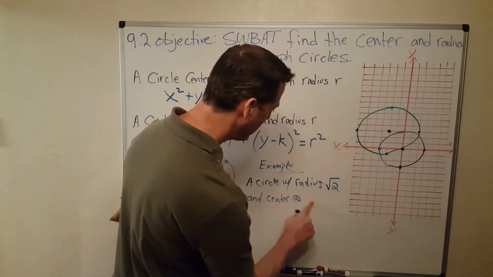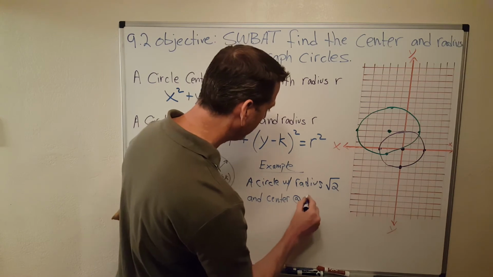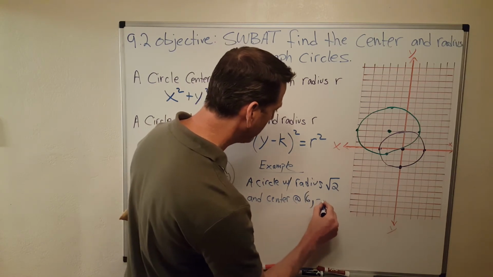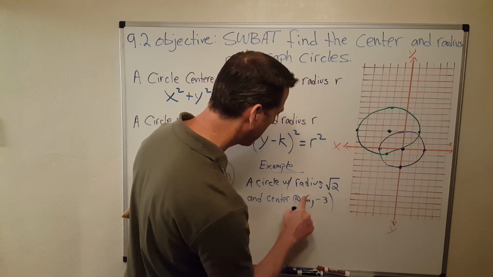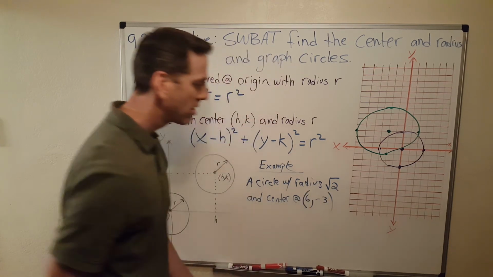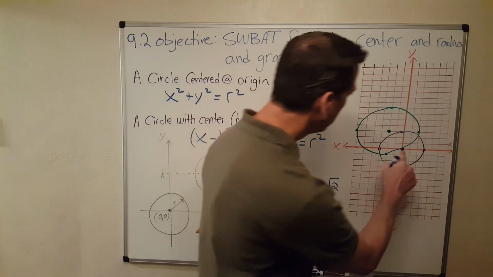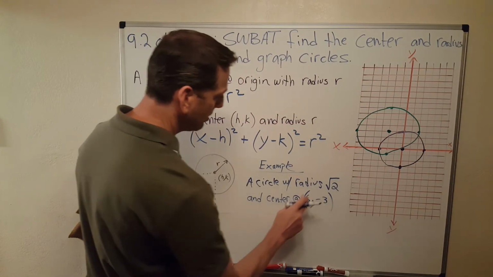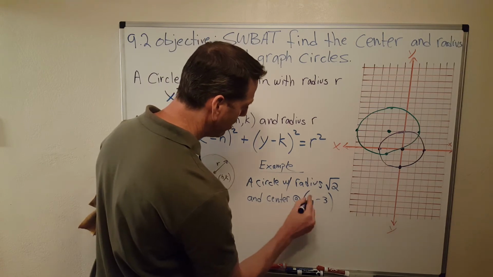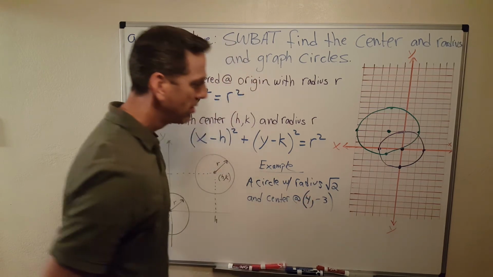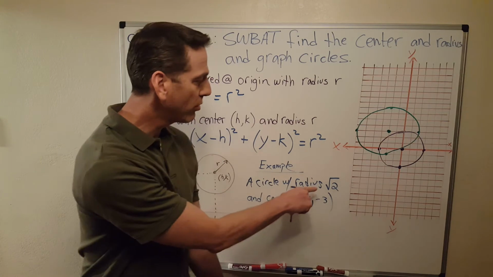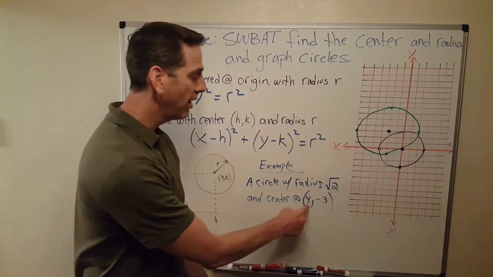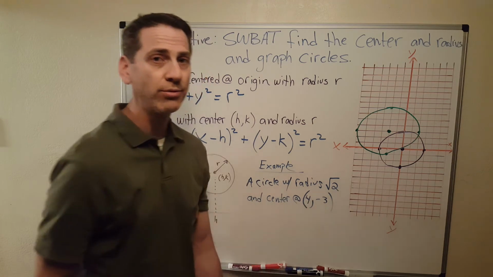Let's not do 9. Let's do 6, -3. Will that give me room? Not really. Let's do 4. All right, so I have a circle with a radius of the square root of 2 and a center that's located at the ordered pair 4, -3.